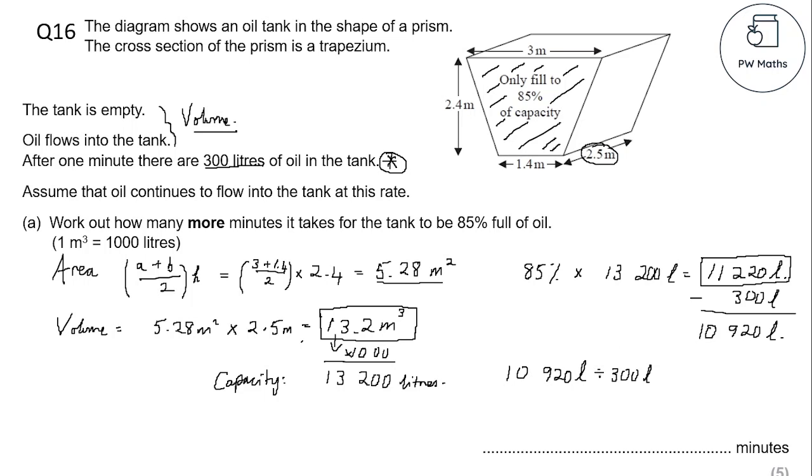So I'll need to divide that by 300, which tells me it's 36.4 minutes. If you want to show off, you can then hit the dot, comma, comma, comma button, the one below fact, and it says 36 minutes, 24 seconds if you really wanted to show off. But 36.4 minutes, absolutely fine.